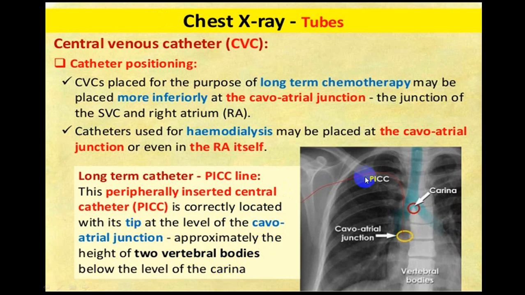Cavo-atrial junction is the junction of the superior vena cava and the right atrium. It is at that junction you keep the position of that catheter, and that is the central venous catheter position and what we call a PICC line.